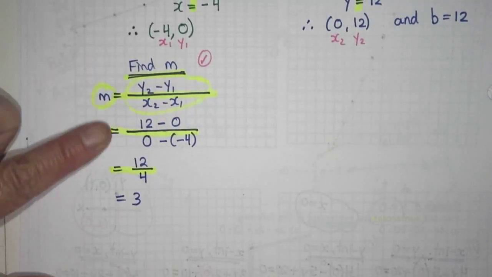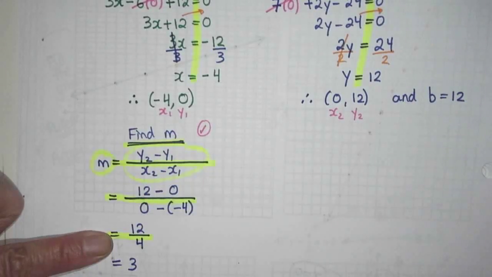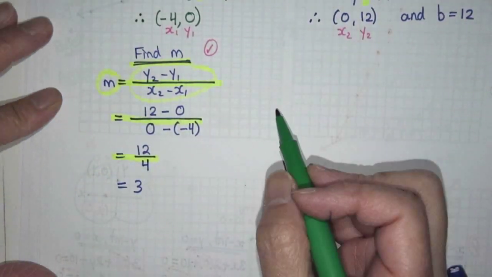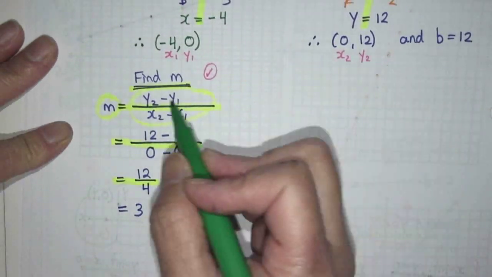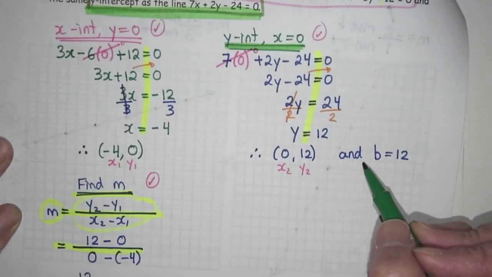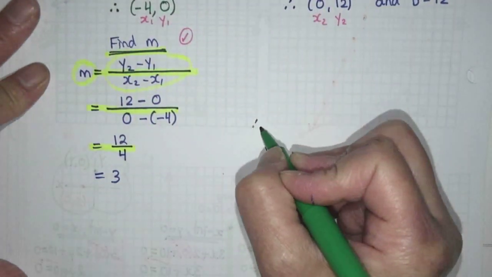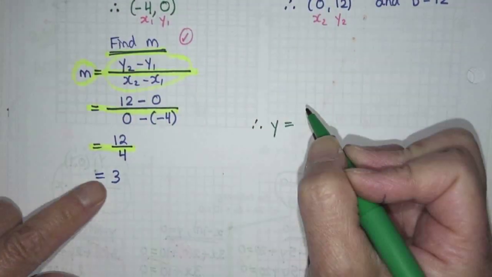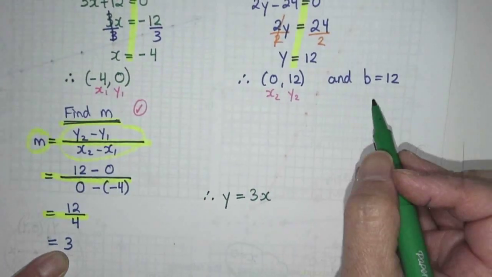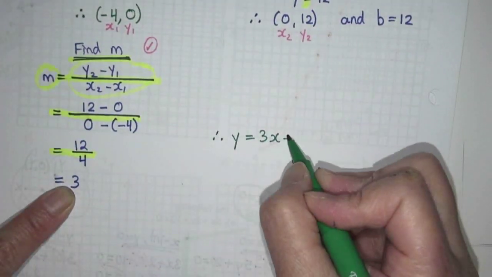Okay, so hopefully this is getting a bit easier. And then this was the new thing we added. And then my conclusion: I don't have to find b, so don't put my title. It's usually find m and find b. You don't need to find b because you found it already. So therefore, my answer would be y equals 3x, and then your b is from above here, plus 12.